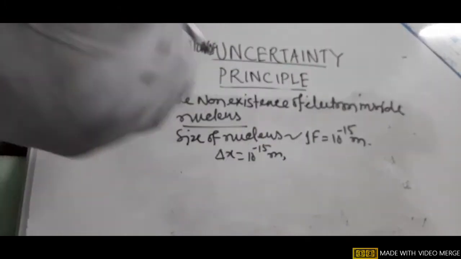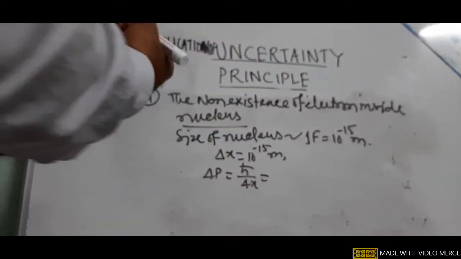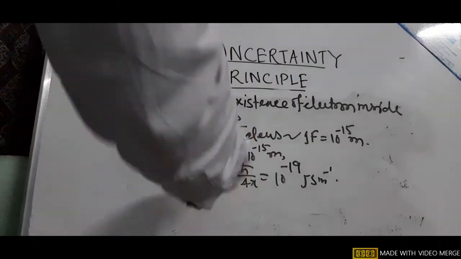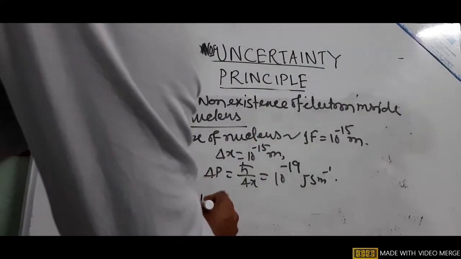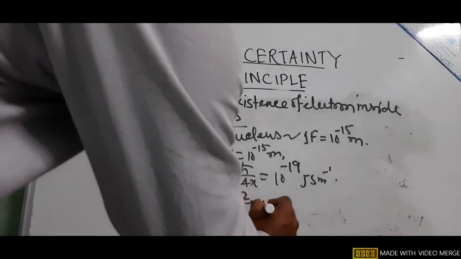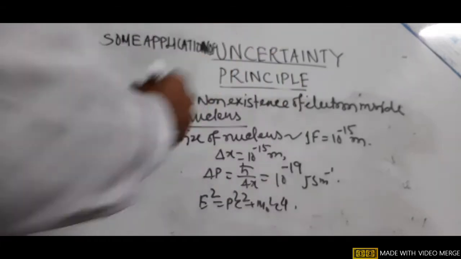So we can find del p, the uncertainty in the momentum, equal to h bar by del x. If you put this value, it will be 10 to the power minus 19 joule second per meter. As you know, the relativistic energy E square equals p square c square plus m0 square c to the power 4.